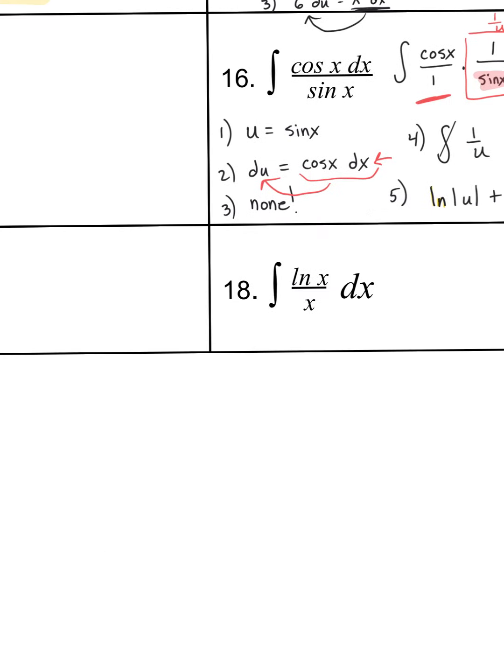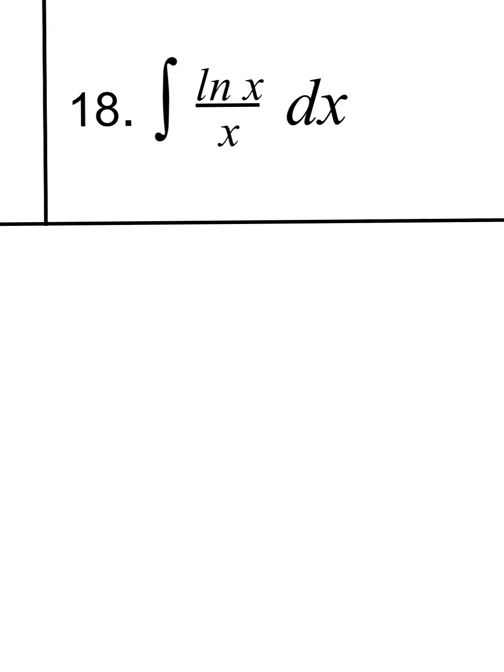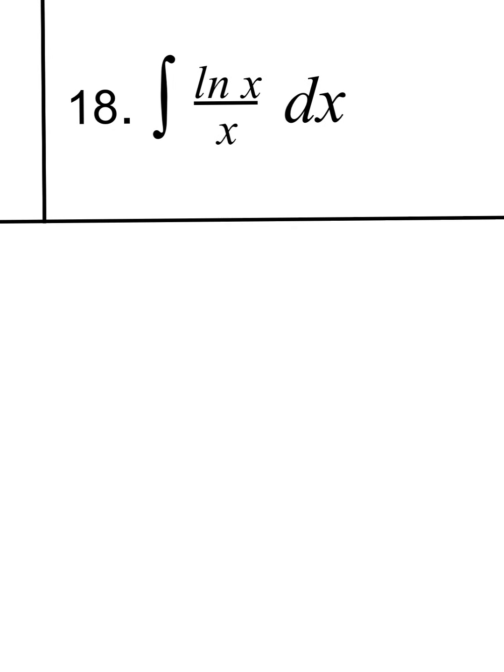Last one. This is definitely going to be u substitution. Let's pull this apart: numerator over 1, 1 over the denominator dx. In this case, there's nothing to simplify. We can't avoid u substitution, but let's look at this. If I make u equal to x, the derivative of x is 1.